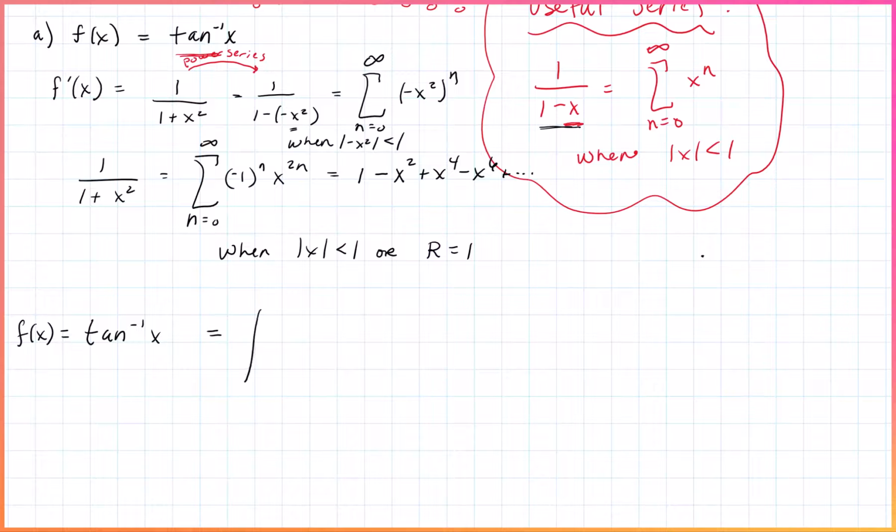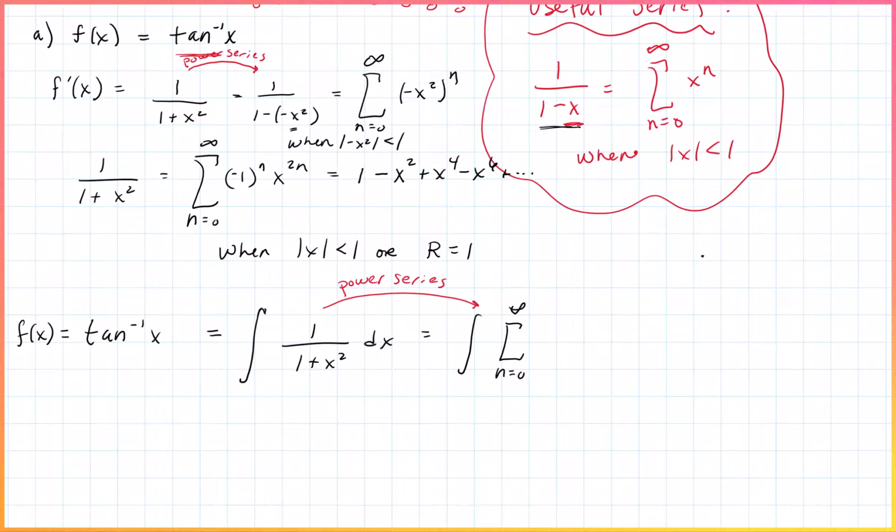My inverse tangent is going to be equal to the integral of 1 over 1 plus x squared dx, which when we do that, we're going to end up taking the integral of the power series that we just used to represent 1 over 1 plus x squared. So that's the integral of the power series, n equals 0 to infinity, of negative 1 to the n, x to the 2n, with respect to x.